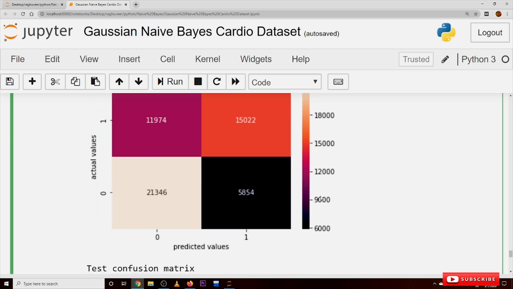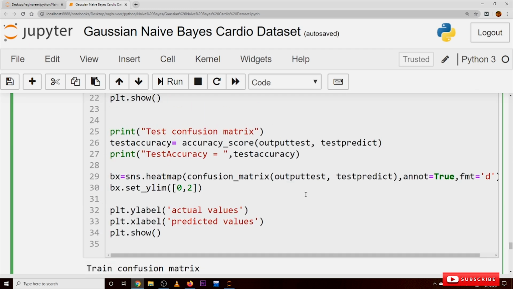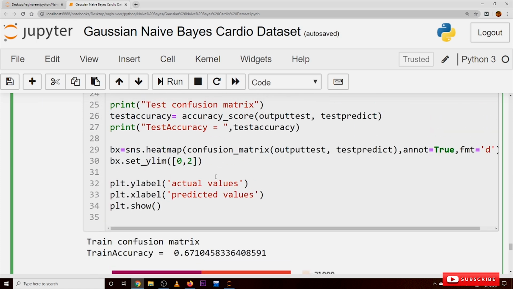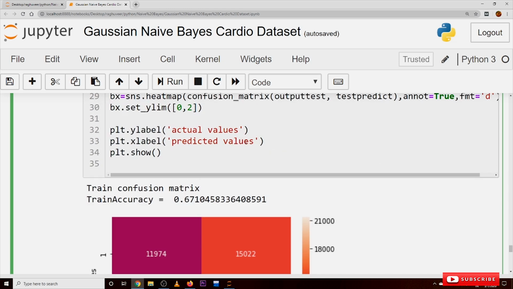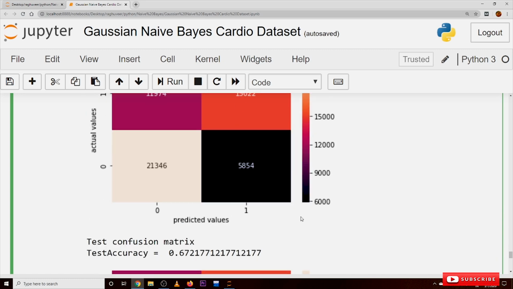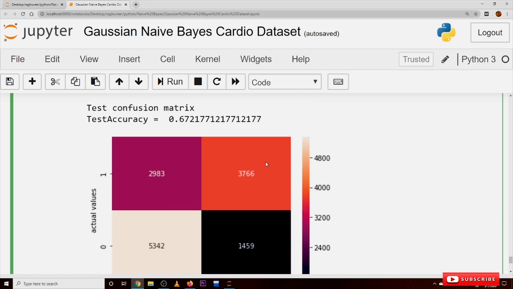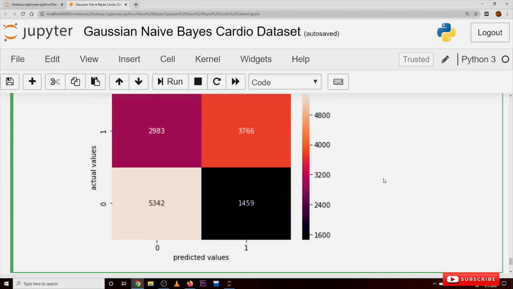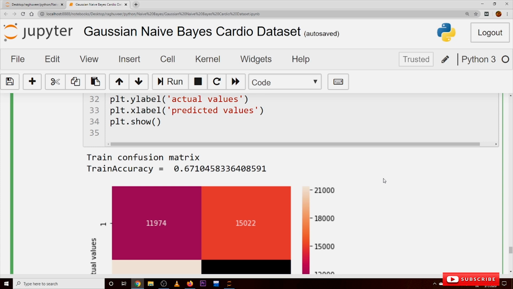To get an image like this with coloring, we are using a heat map, which is there in Seaborn. So this is how we display the confusion matrix and accuracy for training data, and the accuracy and confusion matrix for testing data. This is all about Gaussian naive Bayes and how to apply general accuracy on our predicted data.